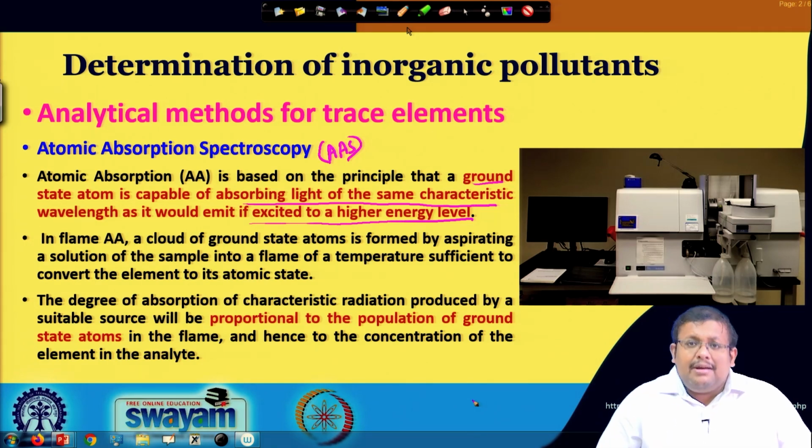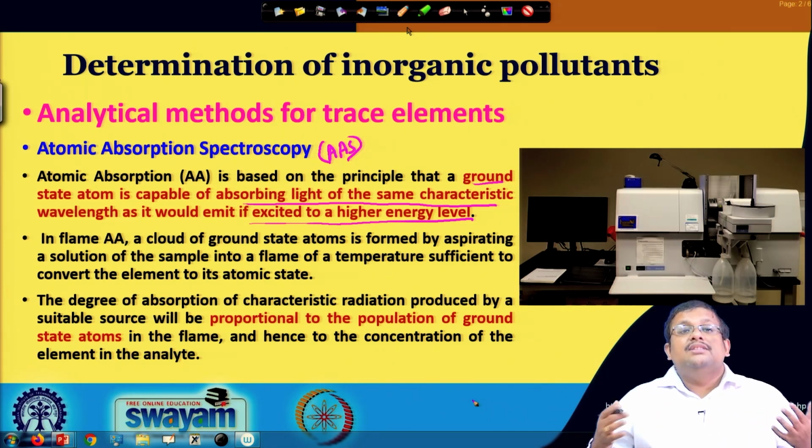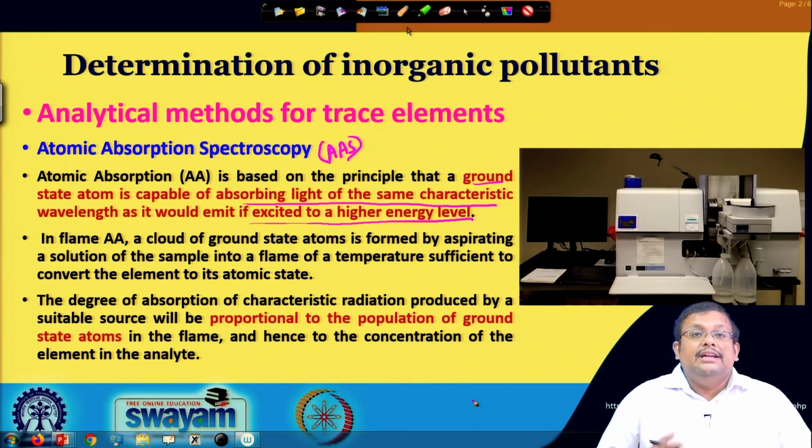Now, in flame atomic absorption, this is a type of atomic absorption we will discuss later. In flame atomic absorption, a cloud of ground state atoms is formed by aspirating a solution of the sample into a flame.